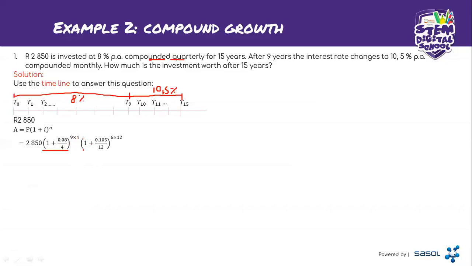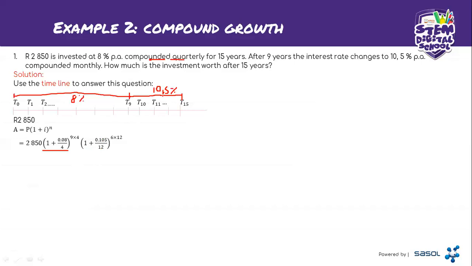Then you open a bracket, and then you calculate what? You are now adding the remaining years with the interest of those years.